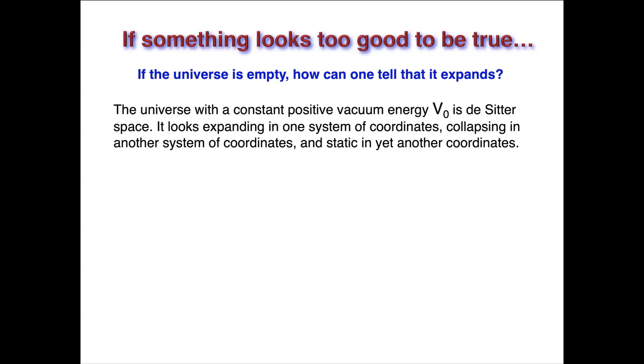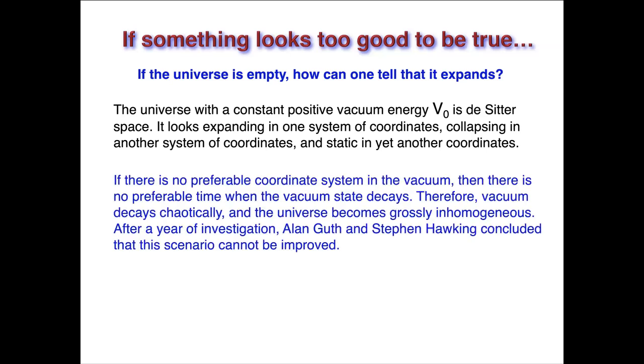There is a system of coordinates describing this space where it is expanding, where it is collapsing, or even where it is static. So expansion does not have any operational meaning if you do not have any dots in space which move apart in all possible directions, matter, and if you add matter, then it will not be de Sitter space.